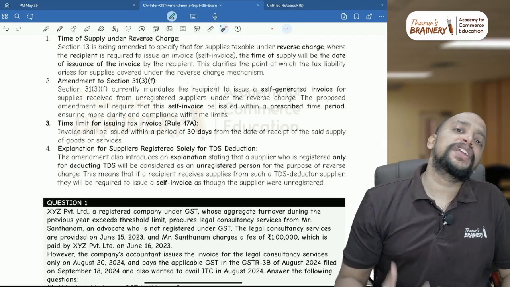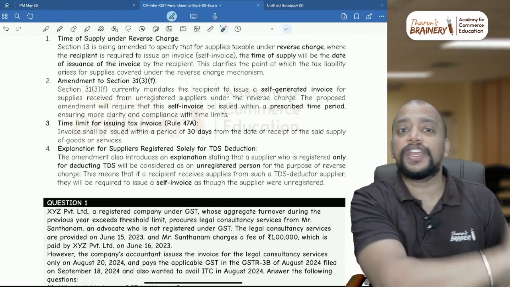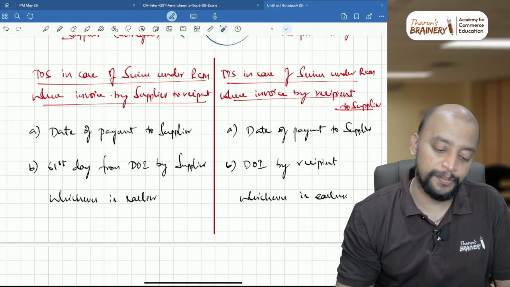Now, how do we need to treat the supplier? As an unregistered person, and the recipient should give the invoice to the supplier. A very important, crucial point.